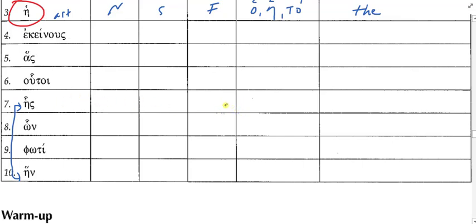It is a pronoun. Which pronoun is this? This is the relative pronoun. Good. And finally, what case, gender, number is Hayes? Genitive, singular, feminine. You're sure that's genitive, singular? Not accusative, plural?